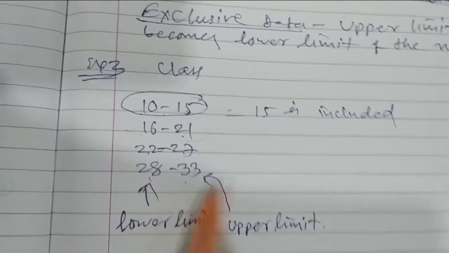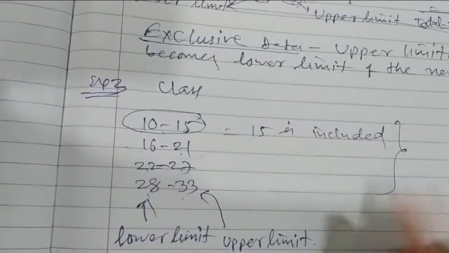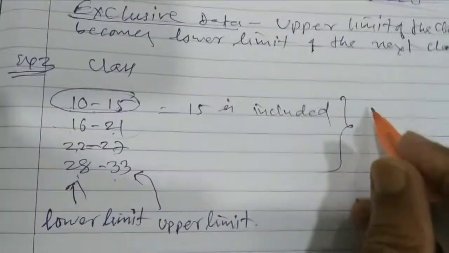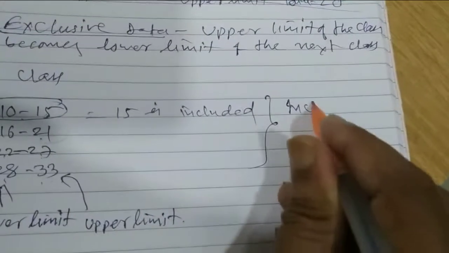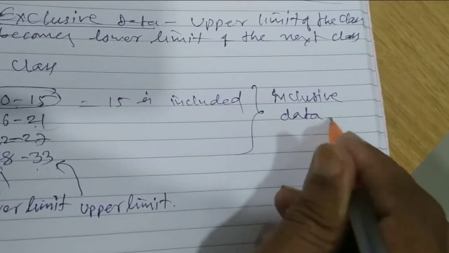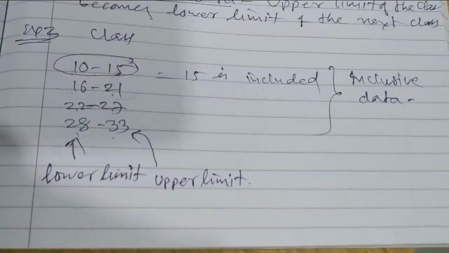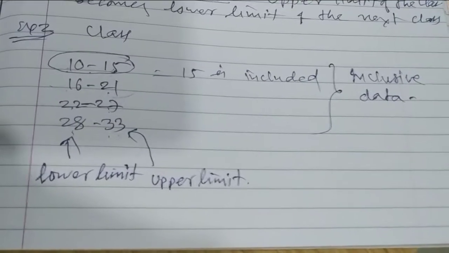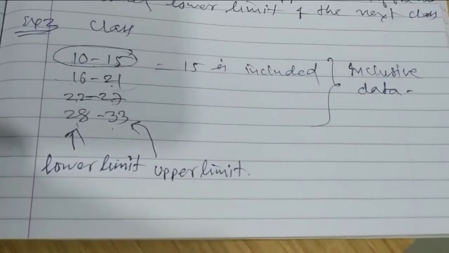Got it? So such data is known as inclusive data. You understood, students? Now in inclusive data, both upper and lower limits of the class are included.